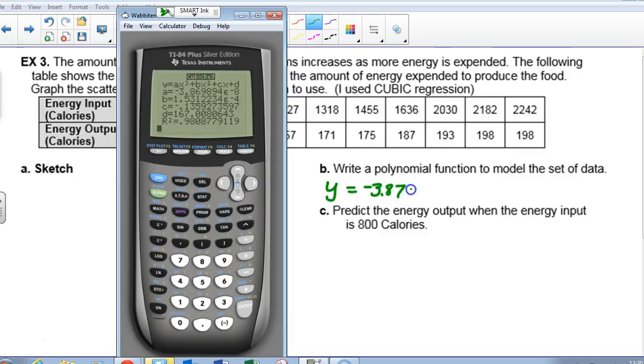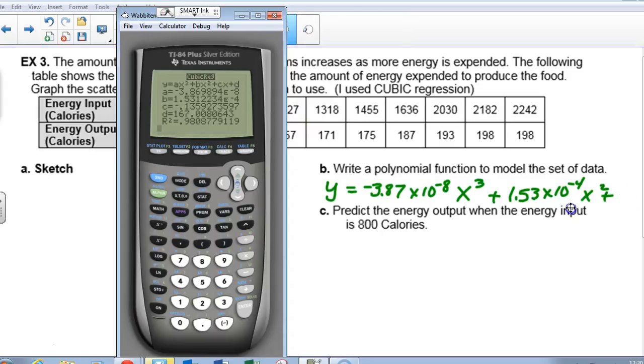It's 3.87 times 10 to the negative 8 x cubed. It is a very tiny value. Plus 1.53 times 10 to the negative 4, or 0.000153 if you want to write it that way, x squared, oh, minus, my bad, minus 0.1359x plus 167. Yeah, look good enough?